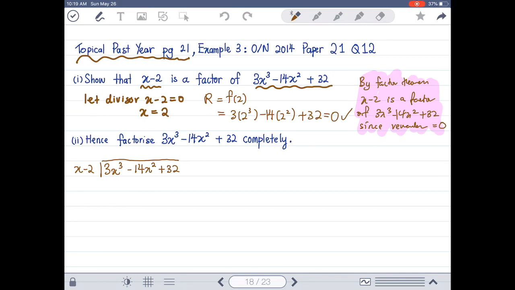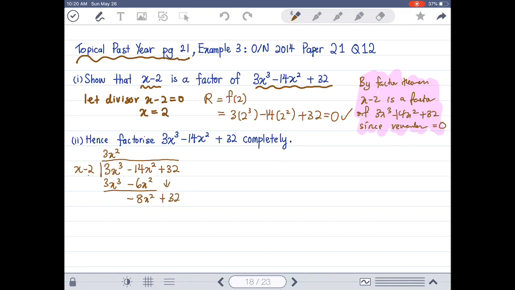Again, what times with x we get 3x cubed? We need 3x squared times with x, we get 3x cubed. And then 3x squared times with negative 2, you should get negative 6x squared. Top minus bottom. So we get negative 8x squared plus 32.